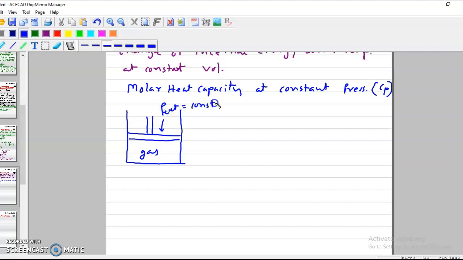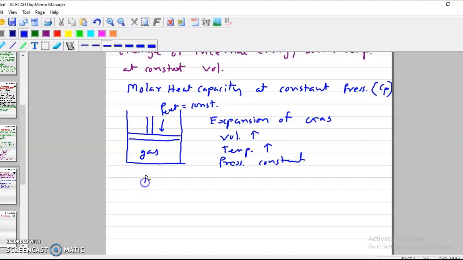At constant pressure means pressure is constant. So expansion of gas takes place at constant pressure, and therefore volume increases, temperature also increases, and pressure is constant. So this is the condition.